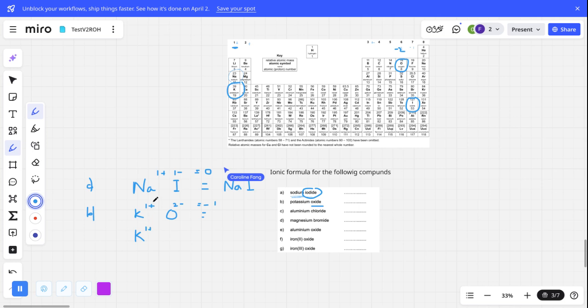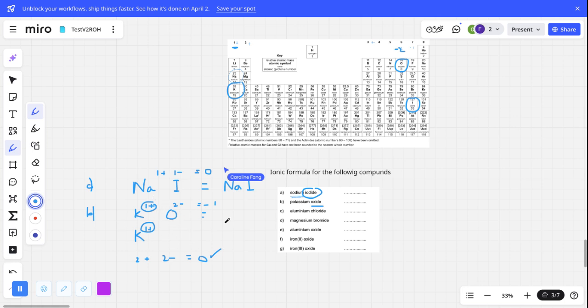And if you think about it, I've got 1 positive there and 1 positive there, so that's 2 positives. I've got 2 negatives there, so if I do 2 take away 2, I end up with 0. And now I'm happy. Does that make sense? Yeah.